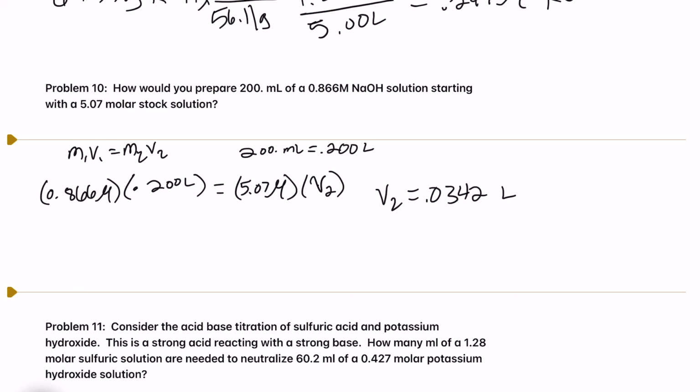So how would I prepare 200 milliliters? What I'm going to do is take 0.0342 liters, or 34.2 milliliters, of the 5.07 molarity solution, and pour that into enough water to reach 200 milliliters.